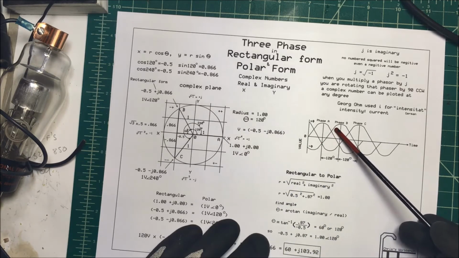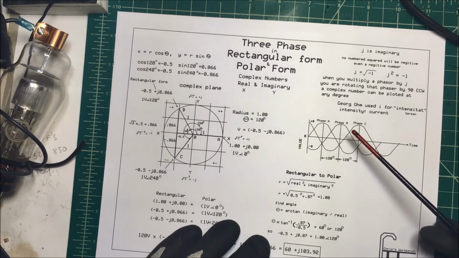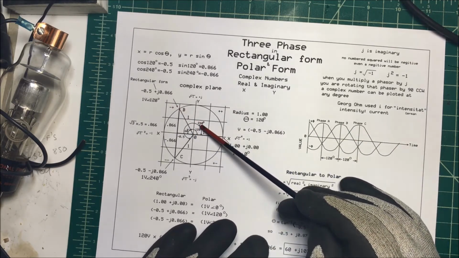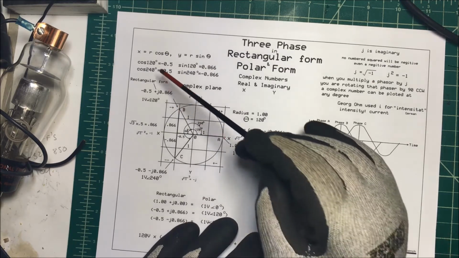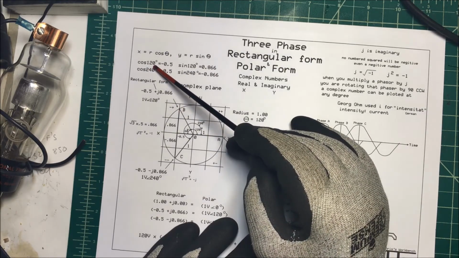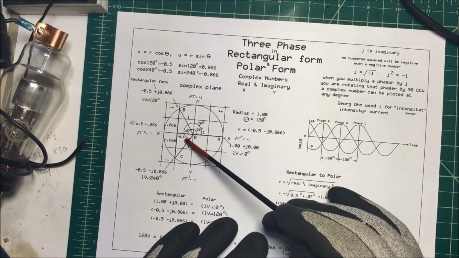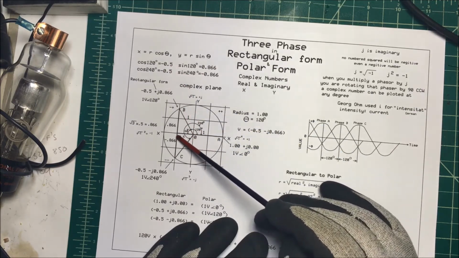Now, phase B, it's 120 degrees apart from phase A, so we want to plot this point up here in rectangular form. So what we do is we take the cosine of 120 degrees, and that's equal to minus 0.5, and that's on our x-axis, that's our real number.